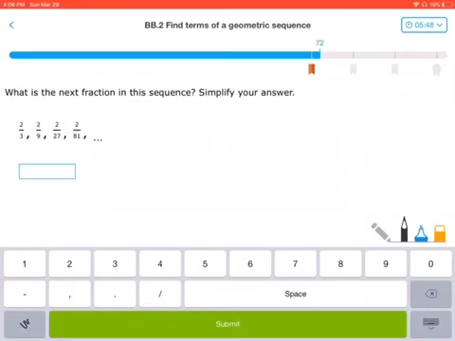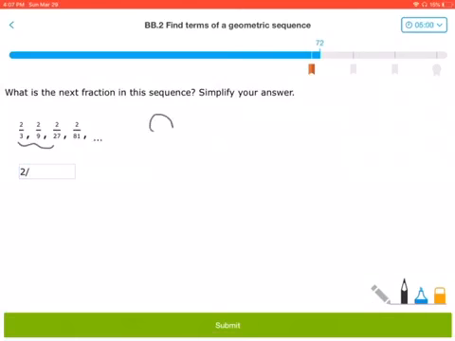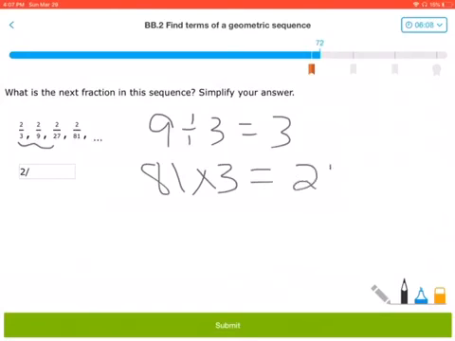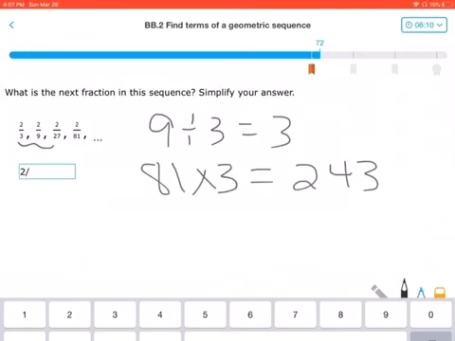The numerator is a 2. So we know a 2 is on the top. So we just look at the bottom. What is multiplying for the bottom? Well, 9 divided by 3 is 3. So 81 times 3 will give me my next number that I need on that denominator.